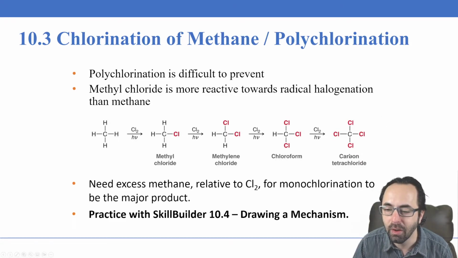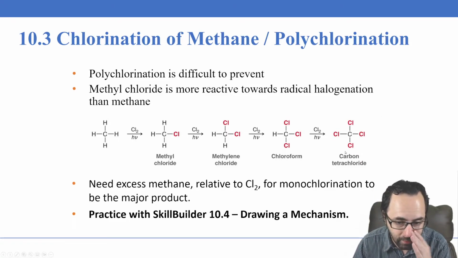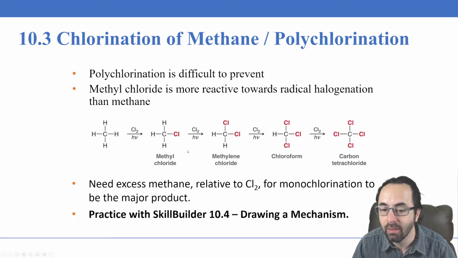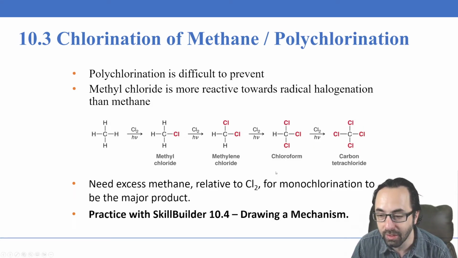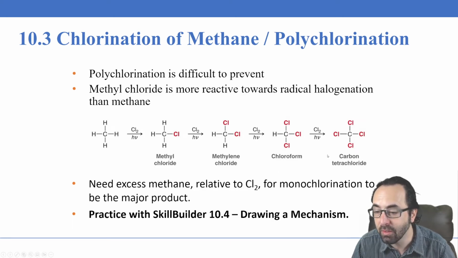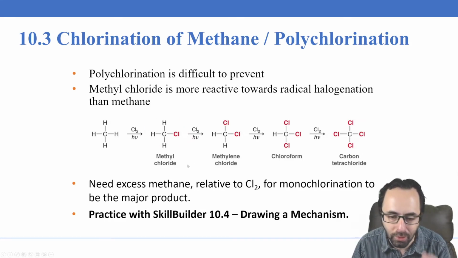So you have to be very careful of the reaction conditions. If we have too much chlorine, then the products of our halogenation will continue to be halogenated until all of the hydrogens have been removed and replaced with halogen atoms. So it's actually significantly easier to produce just carbon tetrachloride than it is to produce just chloromethane or methyl chloride.